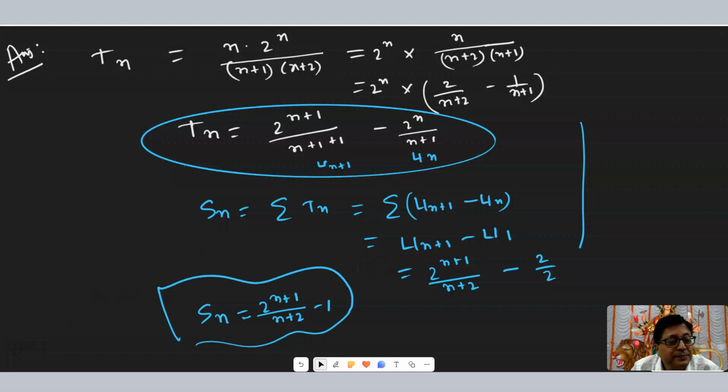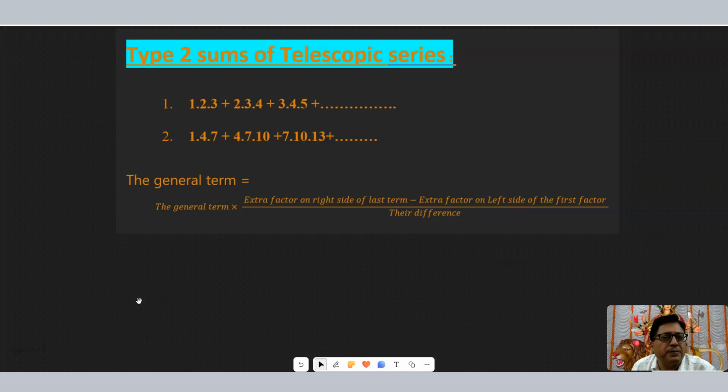Okay. This is another type of telescopic series problem where product of terms is given in the numerator. And here the modification of the general term will be in this manner. The general term will remain the same, but we are modifying it. How?